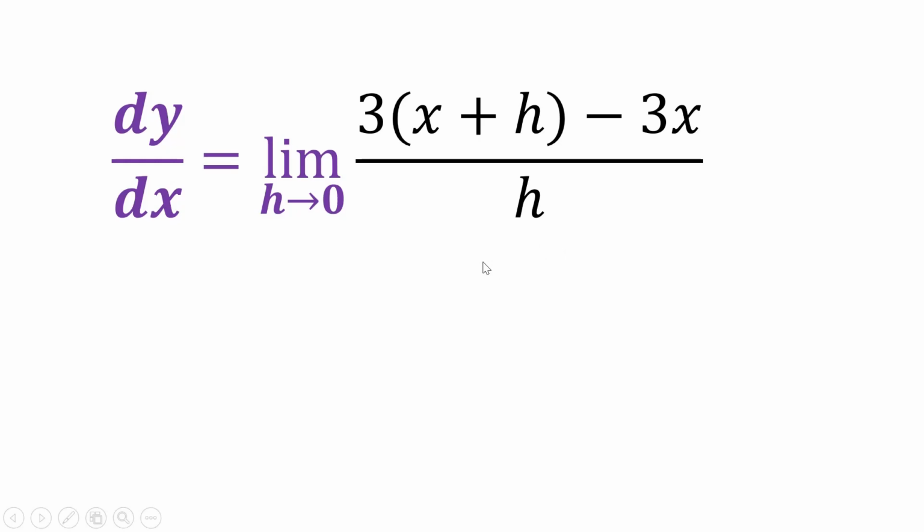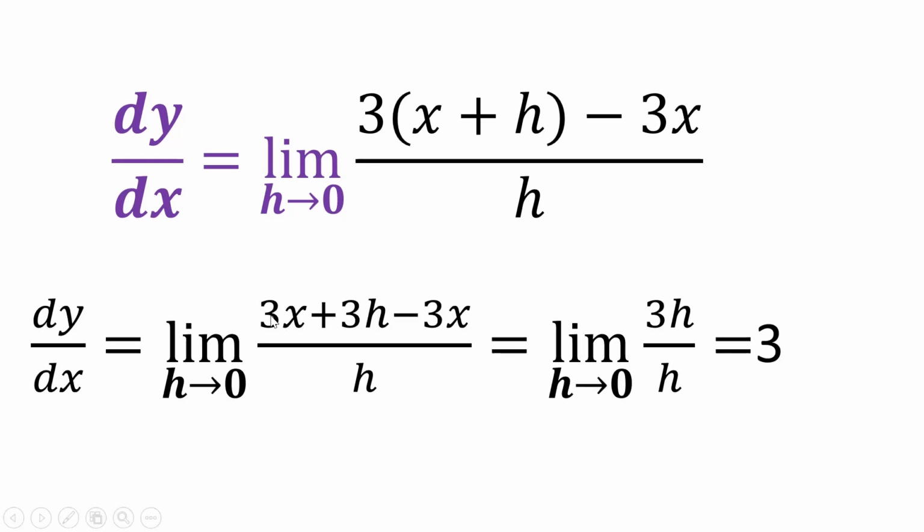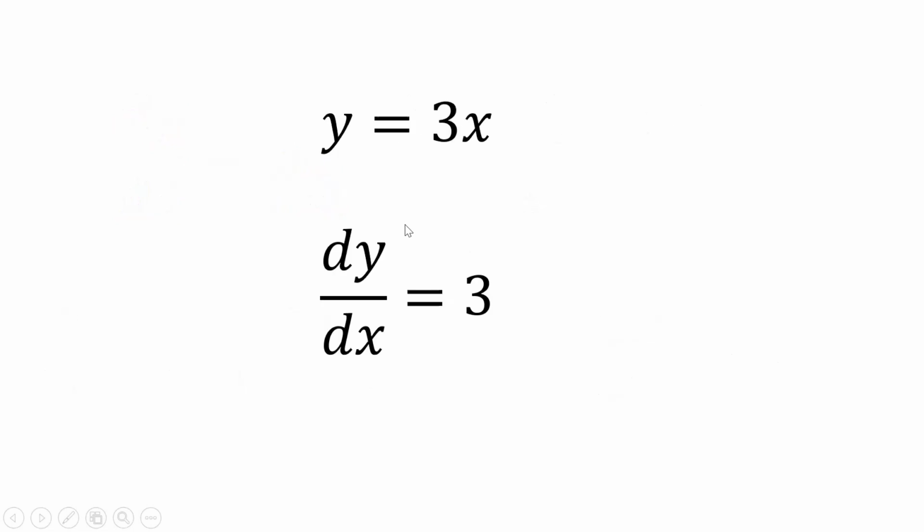Let's open up the bracket, and we will get 3x plus 3h minus 3x. 3x will cancel themselves out, and we'll be left with 3h over h, and h will cancel h to give us 3. Therefore, y equals 3x. When we take the derivative with respect to x, we are going to get 3.